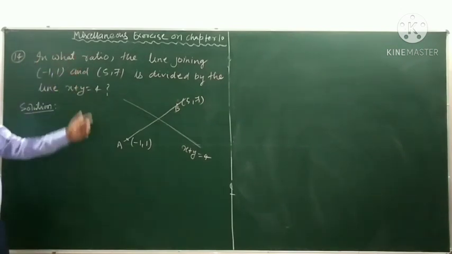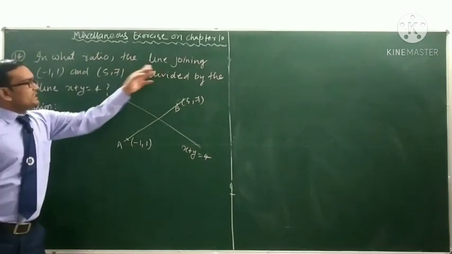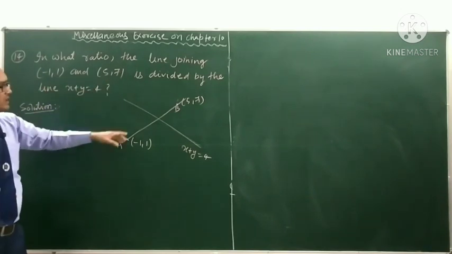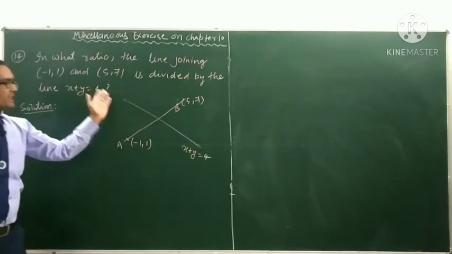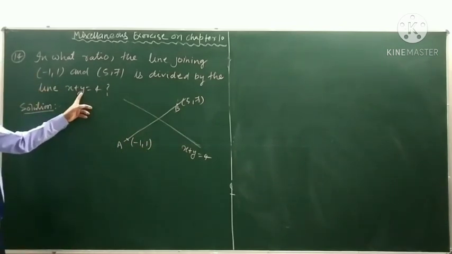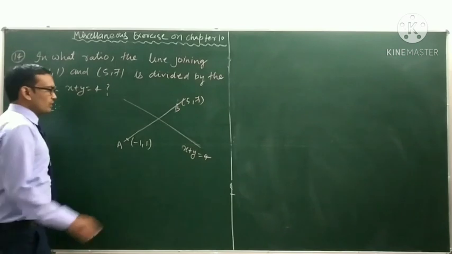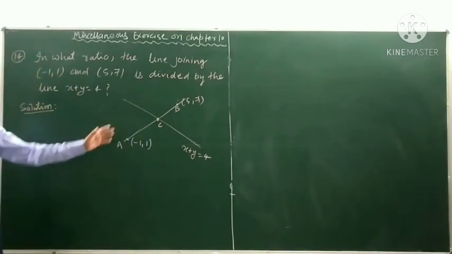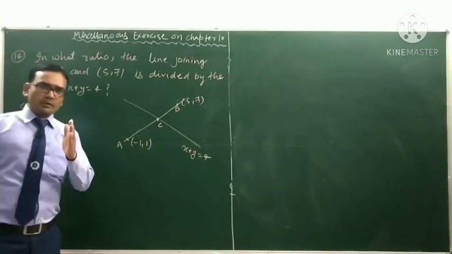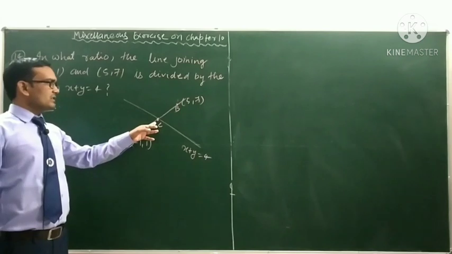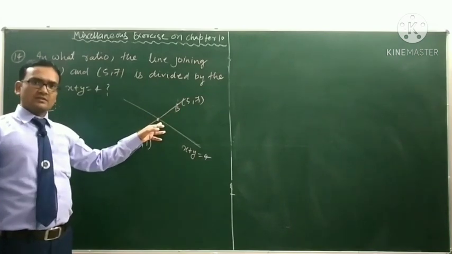In what ratio is the line joining (-1, 1) and (5, 7) divided by the line x + y = 4? Suppose this point is C. In this question we will find the ratio of AC and BC.